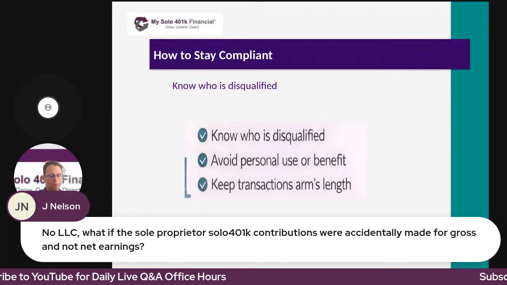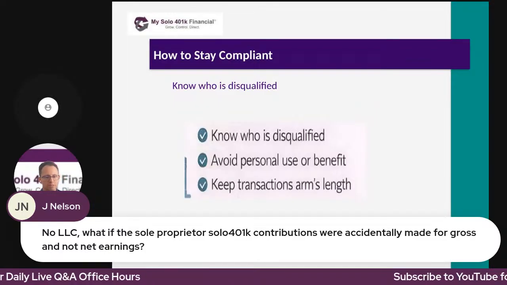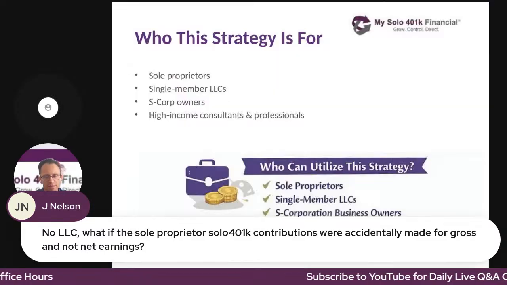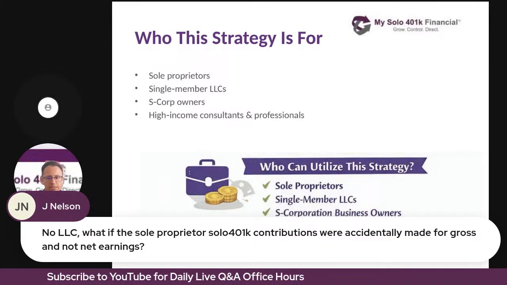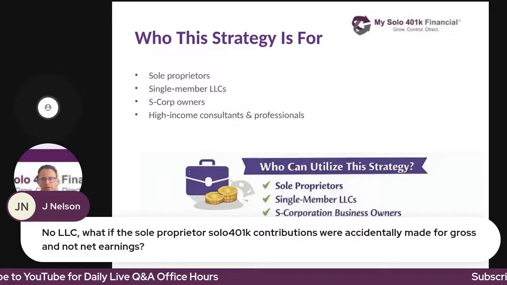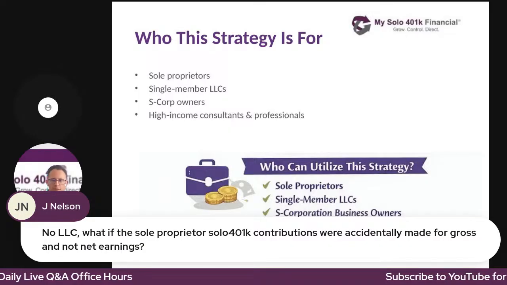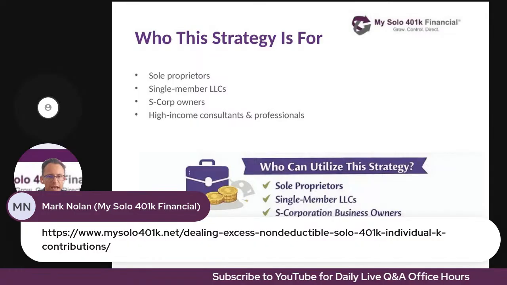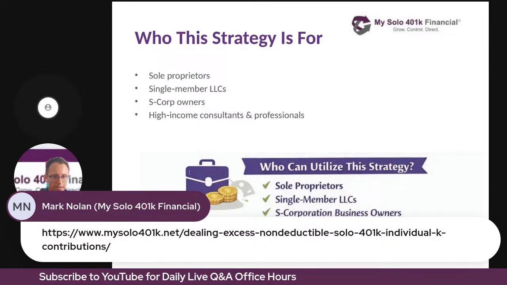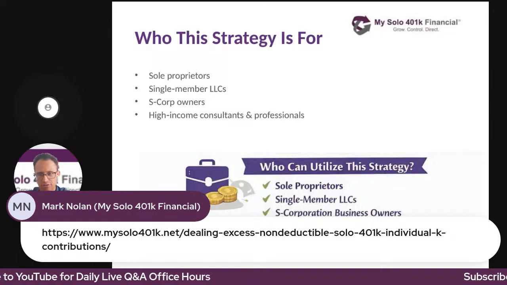If it's an employee contribution, you typically have to remove it, and you're going to have to pay taxes on any earnings. You have to remove the basis and the earnings. Let me share a link with you here. Take a look at that link right there. And you're going to have to work with your CPA in properly performing the removal of those excess contributions on a Form 1099-R if they're employee contributions.